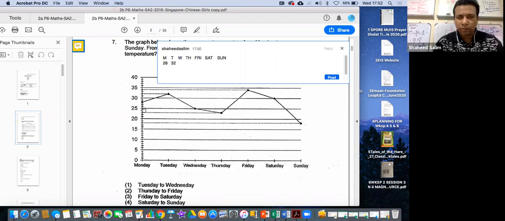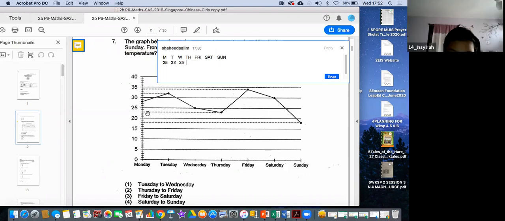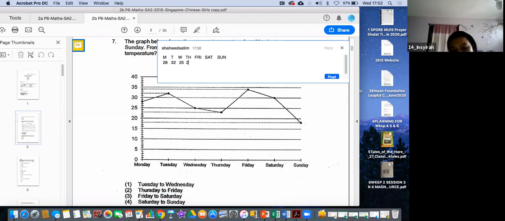What's the temperature on Wednesday? So Wednesday is here. Wednesday very easy lah. Wednesday, Zahira. 25. Okay. Thursday, Zahira. Thursday because Wednesday is too easy. Thursday. 23. 23.